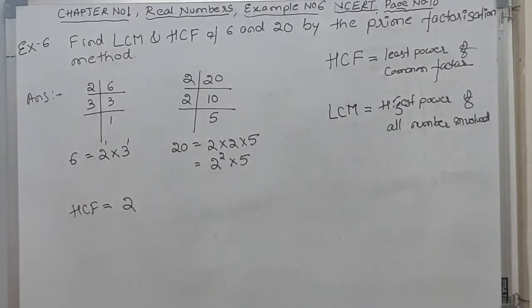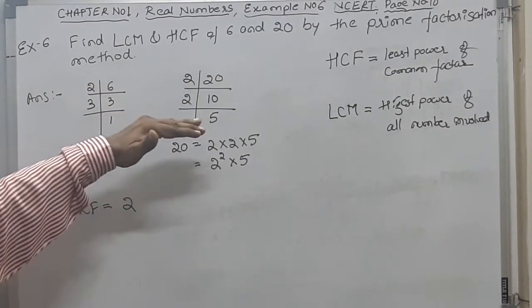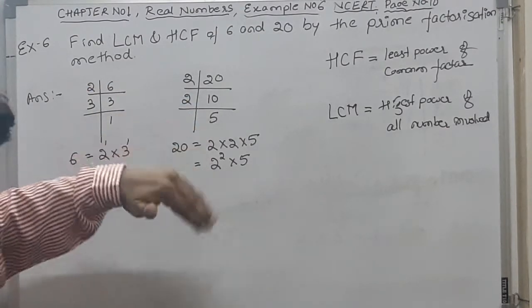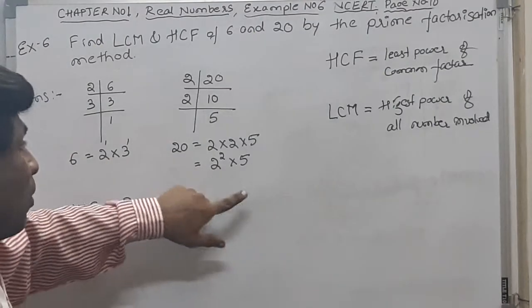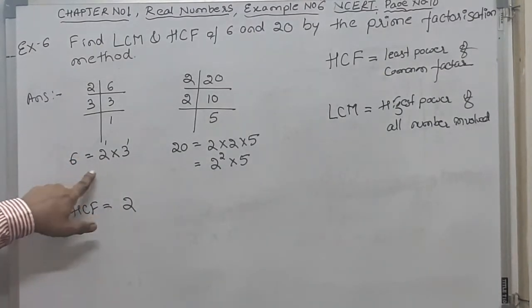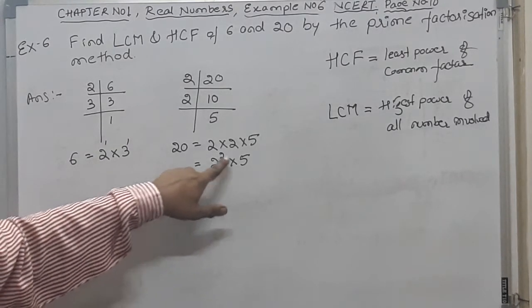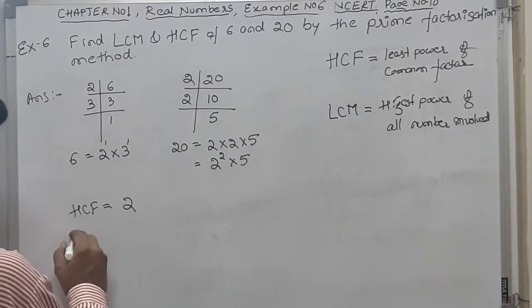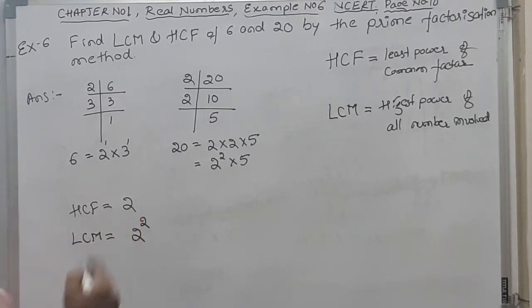We have to take all the factors, and among those factors, take the highest power. For example, 2 is in both, and the highest power of 2 is 2 raised to 2. So for LCM, the first term is 2 raised to 2.